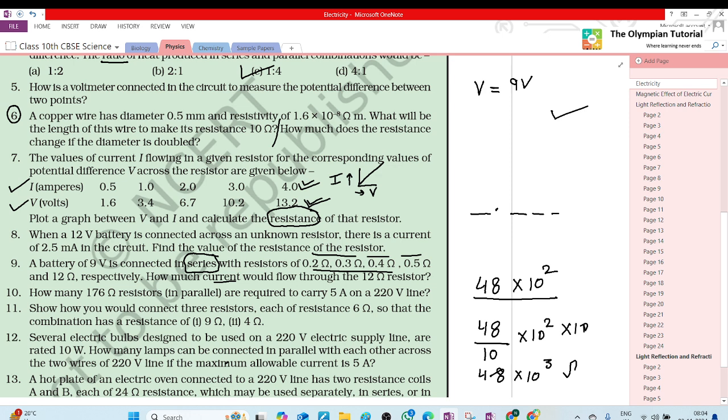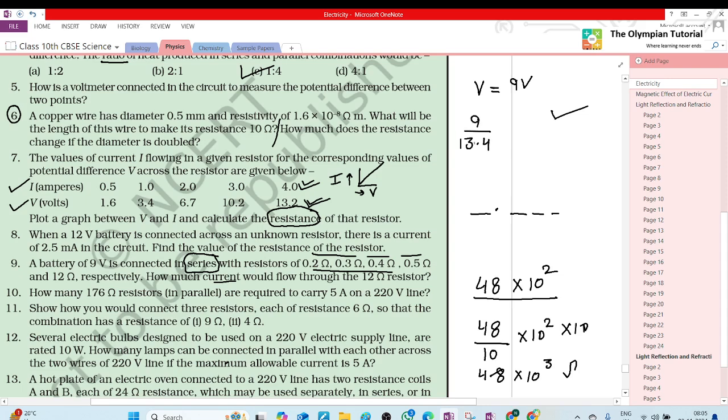Let me know the final answer. Ma'am, I'm not able to divide further. Okay. You got 9 upon 13.4.